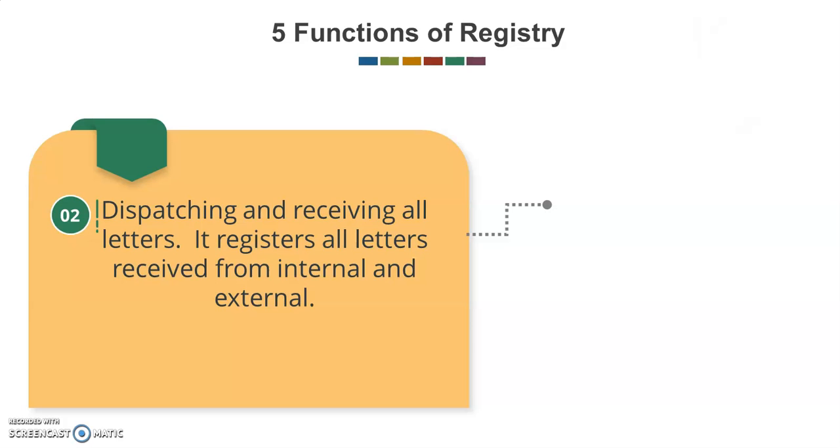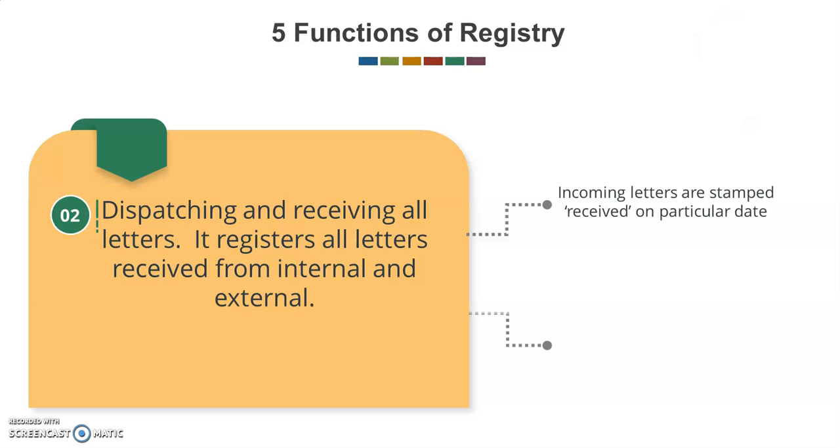If anything happens, we can check back on the dates of receipt and dispatch. Here, dispatch means sending out the letter, whether outside the company or within the organization, from one department to another. So basically, it can be categorized into internal and external. Internal means within the organization, while external means it comes from outside the company.